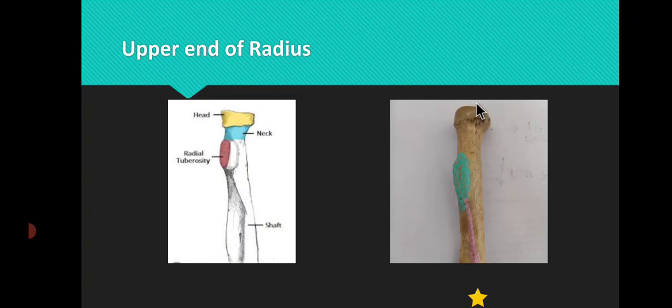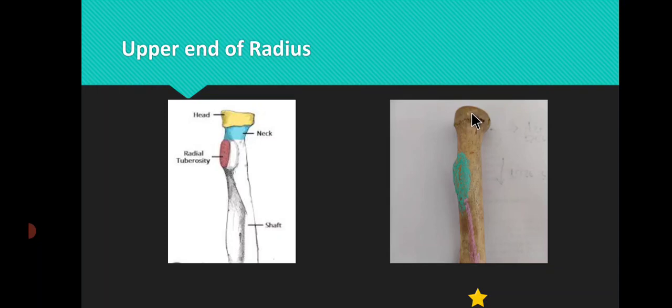The superior surface articulates with the capitulum of humerus to form the humeroradial part of the elbow joint. The elbow joint consists of two parts, that is humeroradial part and humeroulnar part.